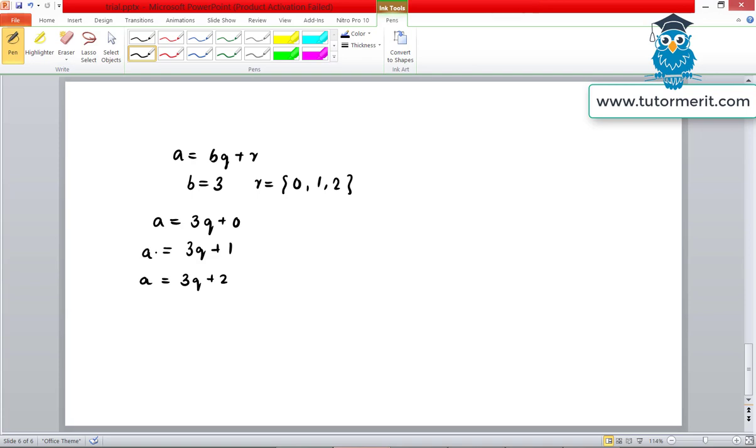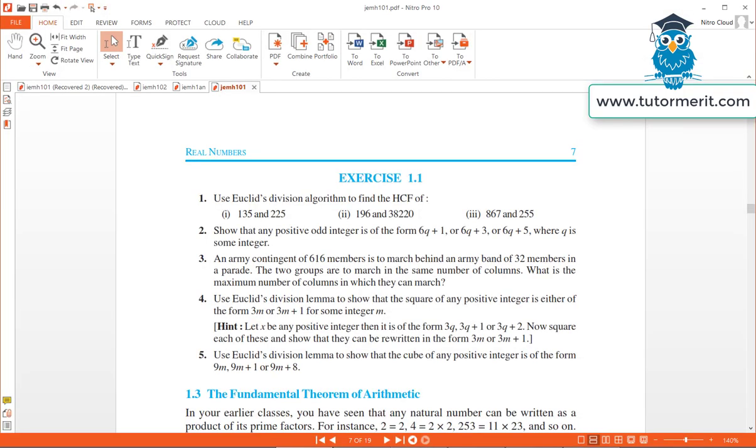Now I want to square them up. Squaring them up, this is the square of the numbers that I'll have because I'm squaring a. So this is effectively 9q square. This is 9q square plus 6q plus 1. This is 9q square plus 12q plus 4, using the x plus y whole square formula. Now here they were asking me that it is of the form 3m or 3m plus 1.